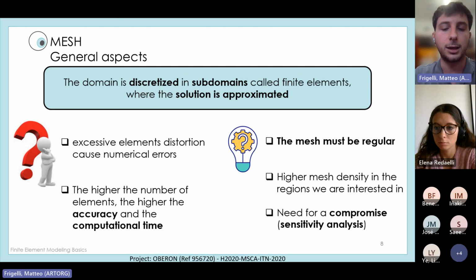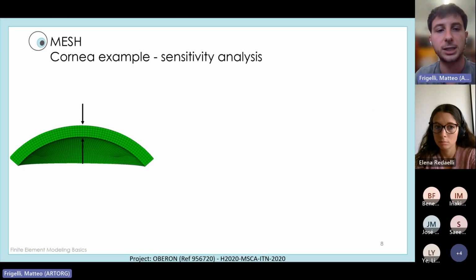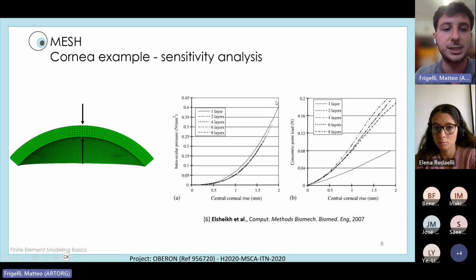So performing an analysis that really tells us what's the minimum number of elements we need to reach the accuracy we're looking for. Also here I chose an example from the same paper as before. Here the authors were investigating the number of elements necessary to be modeled in the thickness of the cornea.